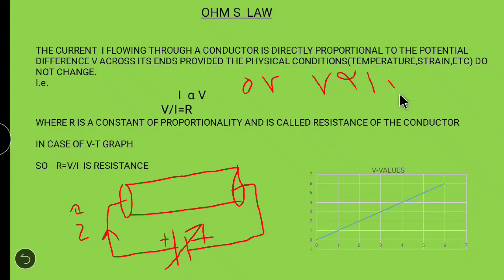So here I have introduced a constant, that is R. So V is equal to R into I. This is Ohm's law. So students, let us take I along the x-axis and V along the y-axis, or vice versa if you want, because this is a problem of two variables.